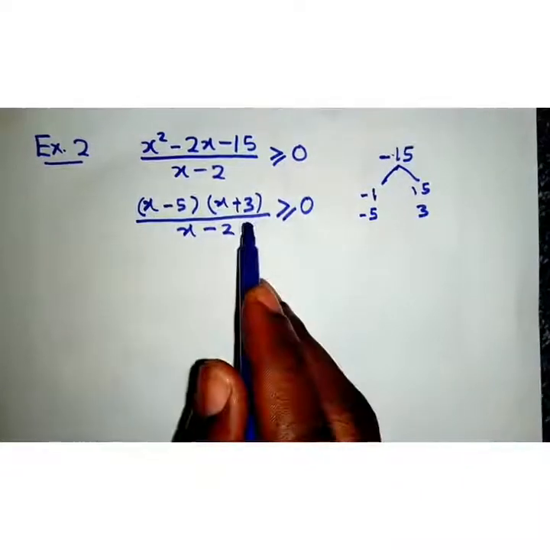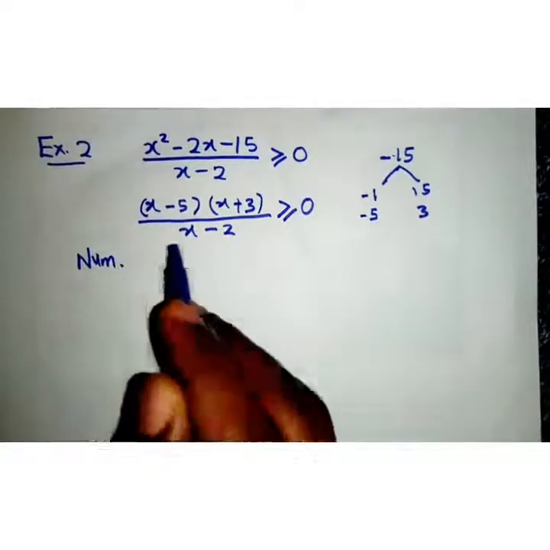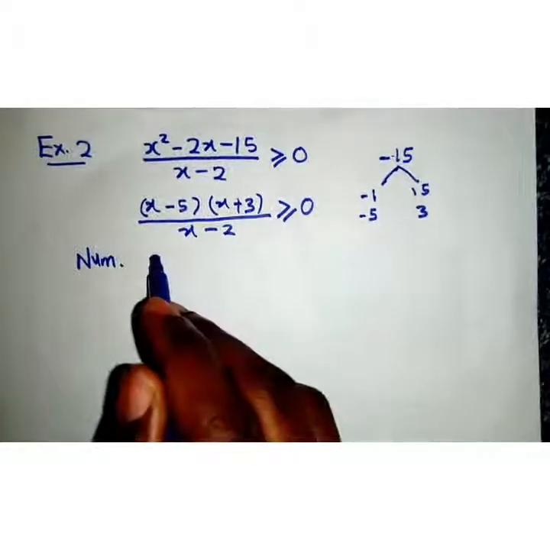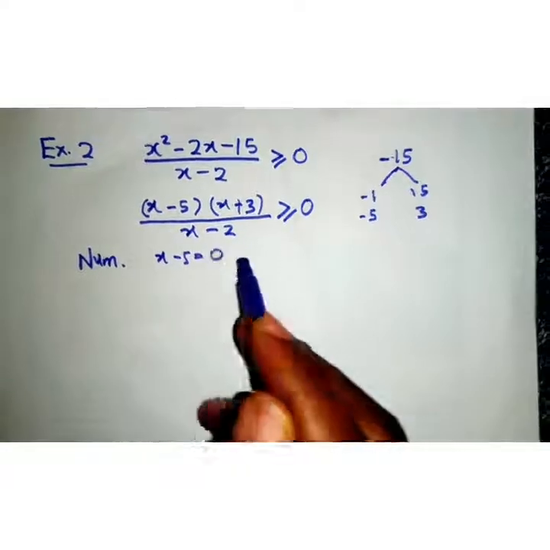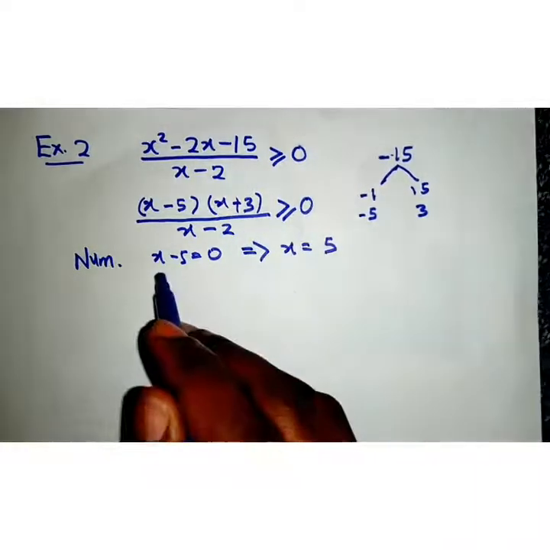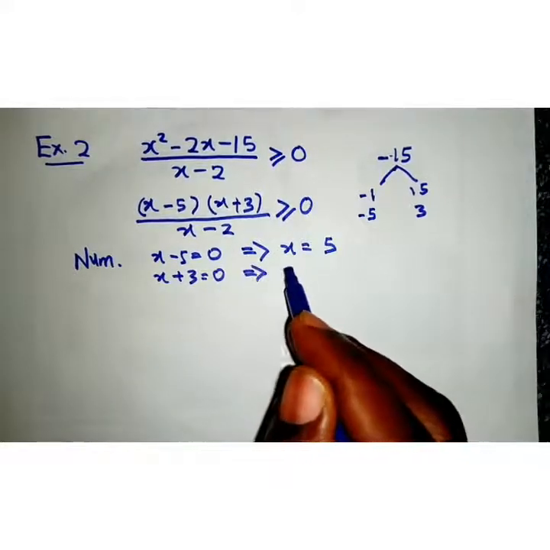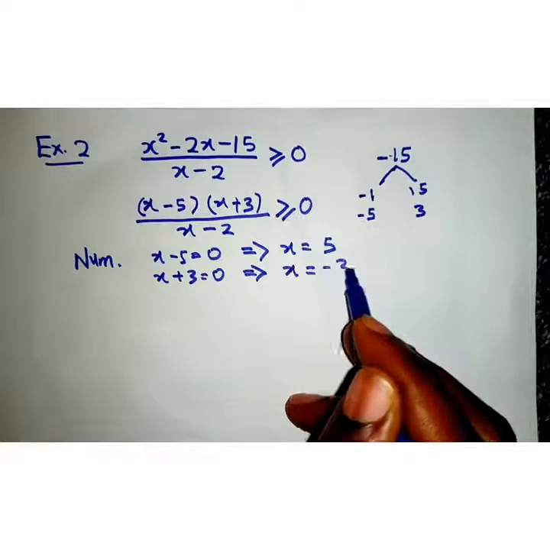So we now find the critical values of the numerator. So for the numerator, I have x minus 5 equals 0, implies that x equals 5, and x plus 3 equals 0 implies that x equals minus 3.